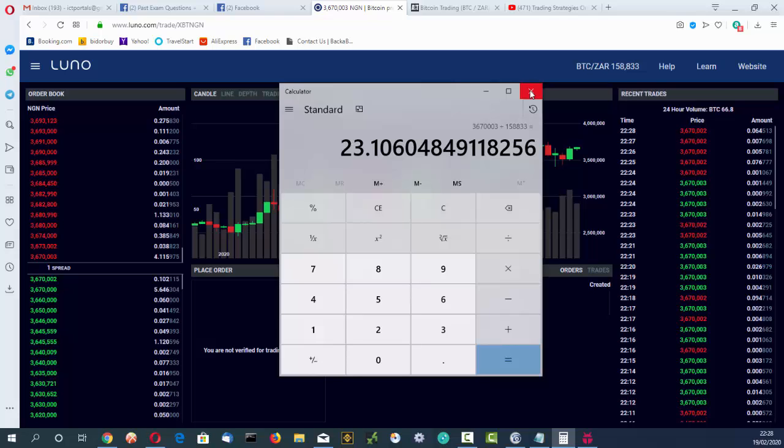So that's the purpose of letting you know how arbitrage works. You can trade between South Africa and Nigeria. You can trade between Luno and AltcoinTrader. By the time you start practicing, you'll be expanding your knowledge on it.